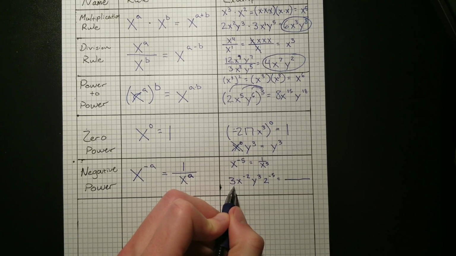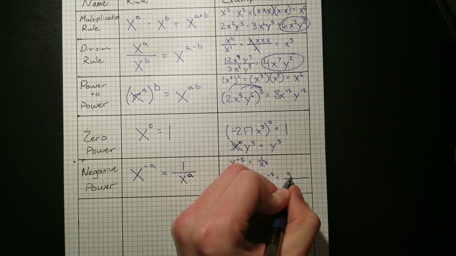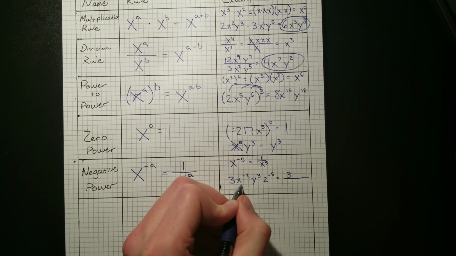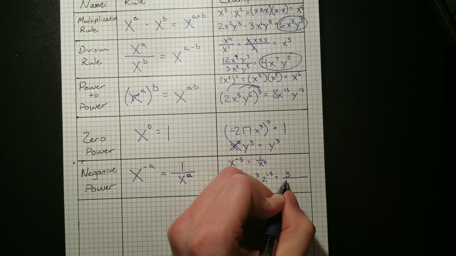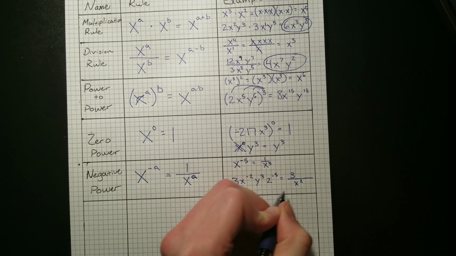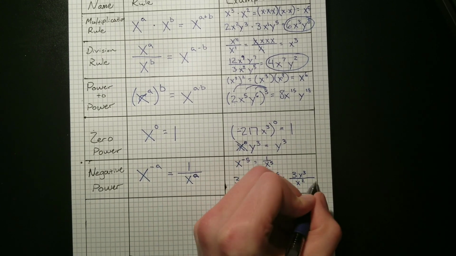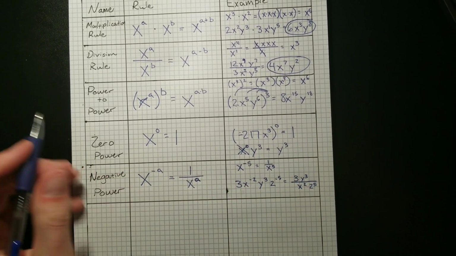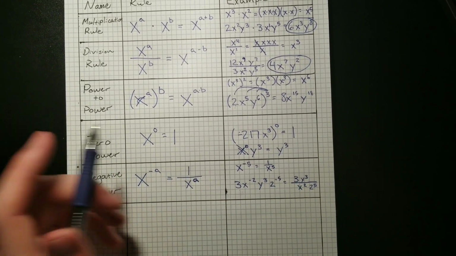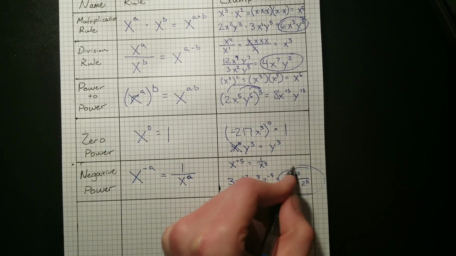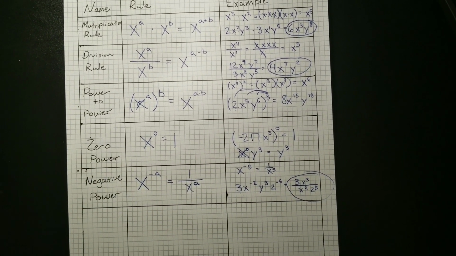So start with the 3. Again, it's a normal number, so we're just going to put that on the top. X to the negative 2, well, negative means it goes on the bottom, becomes positive, so that becomes x squared. Y cubed goes on top because it's positive, and z to the 5th goes on the bottom because it's negative. So that is what you do with negative powers. And that is all 5 power rules.